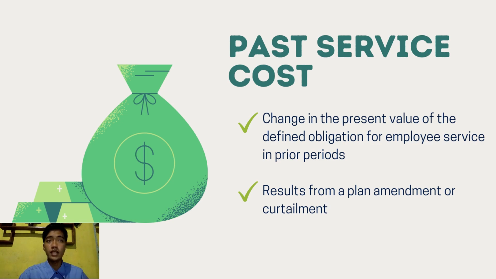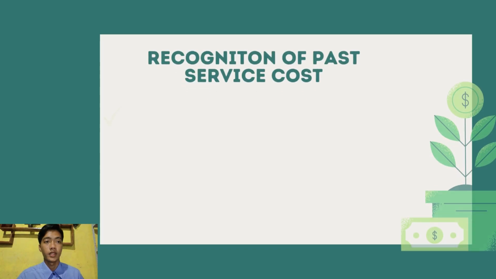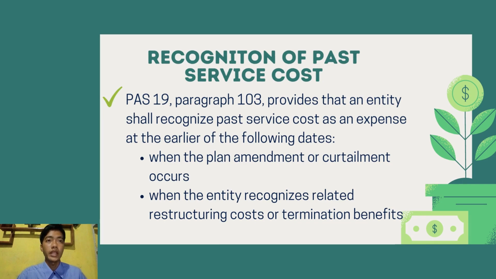So next is, how do we recognize past service cost? According to PAS 19 paragraph 103, an entity shall recognize past service cost as an expense at the earlier of the following dates. Una ay when the plan amendment or curtailment occurs.